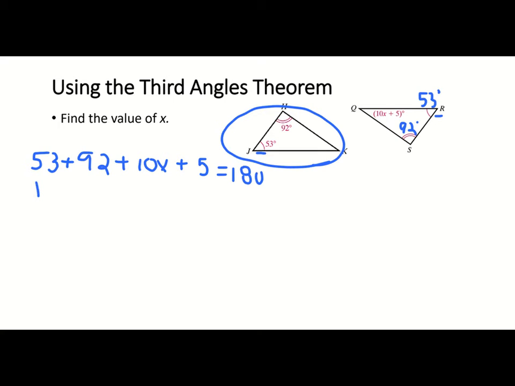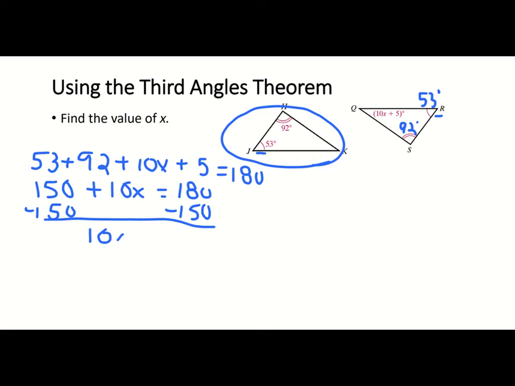So we have 150 plus 10x equals 180. Subtract our 150, and we get 10x equals 30. Divide by 10. So x is going to equal 3. And that would be the value of x.